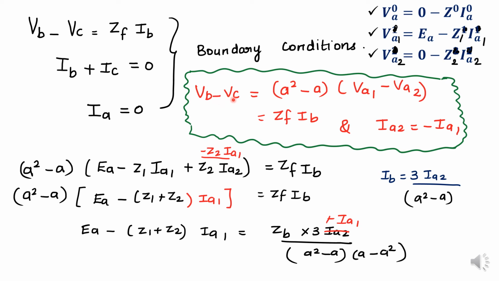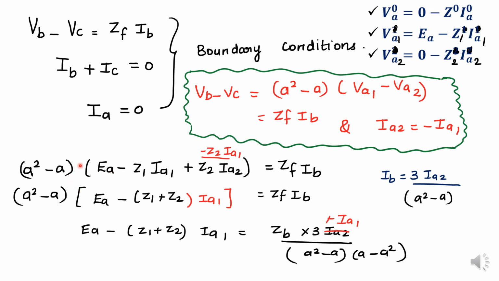So VB minus VC, the first equation, I have to take. In this equation I have to substitute the value. VB minus VC equals A square minus A into VA1 minus VA2. I already derived this in the previous slide. A square minus A into VA1 minus VA2 equals ZF into IB, and IA2 equals minus IA1.